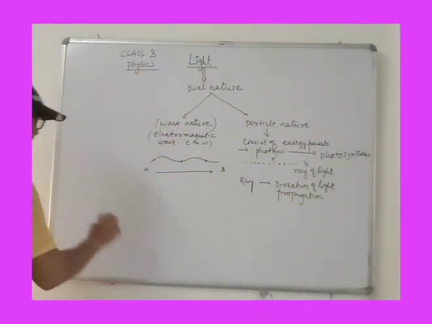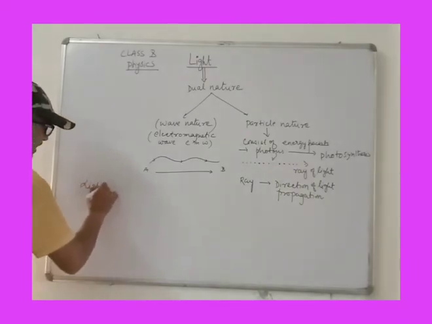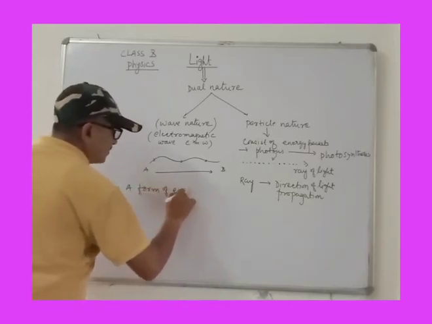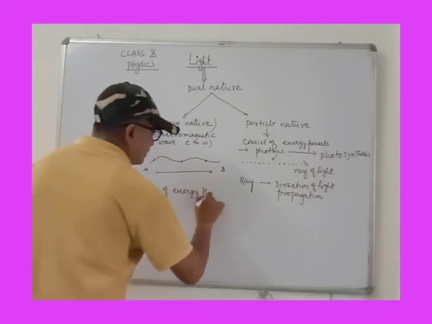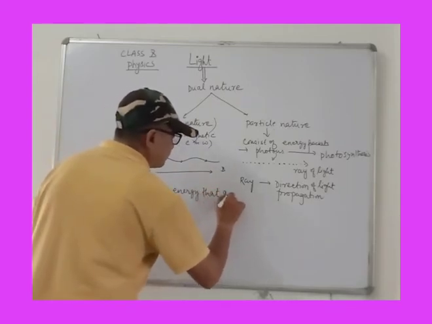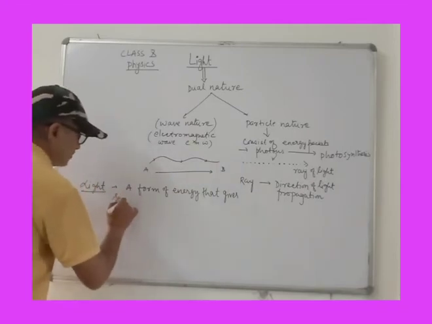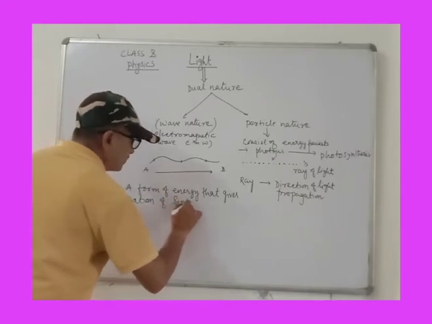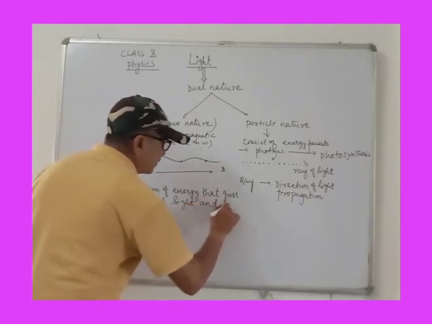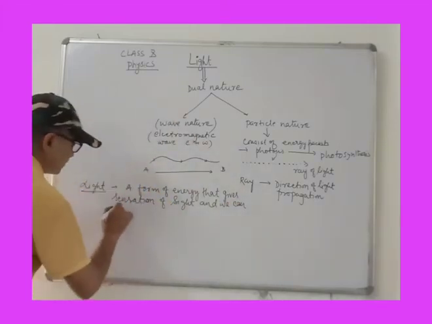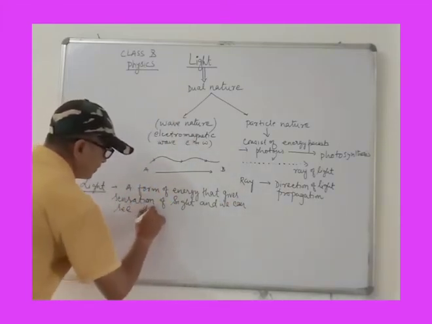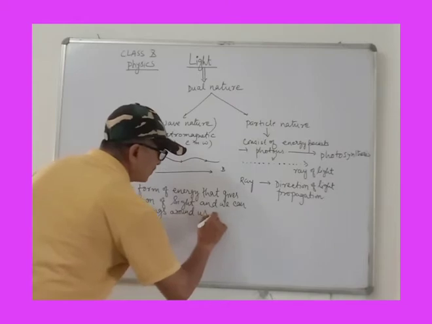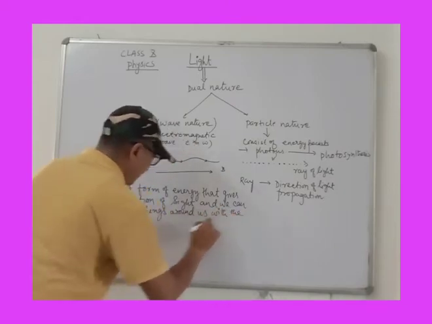We can define light as a form of energy that gives sensation of sight, and we can see things around us with the help of light.